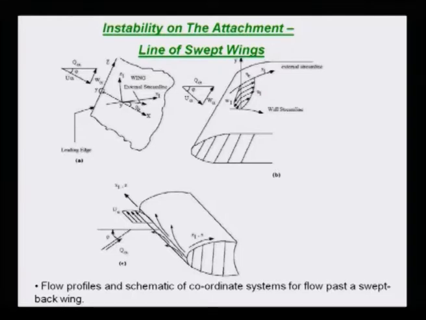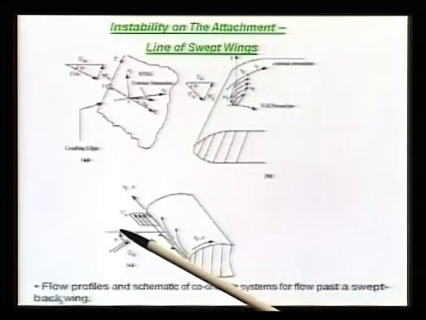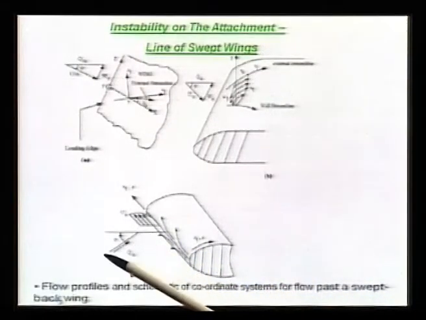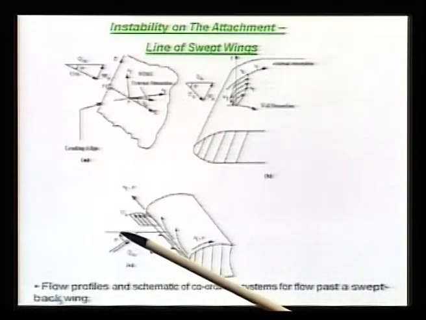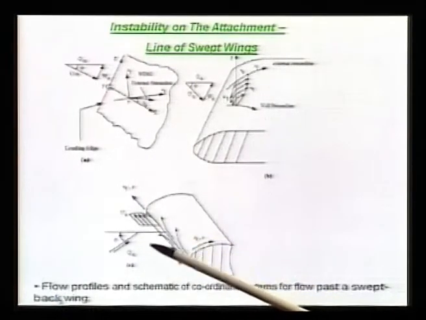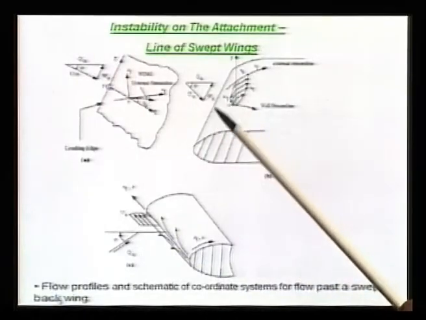Now, let me familiarize you with various coordinate systems that we use in defining the flow. Like here in the lower frame that you see, Q infinity is the total oncoming flow field, which is at an angle alpha to the normal to the plate. So, you could get a U infinity and a W infinity.